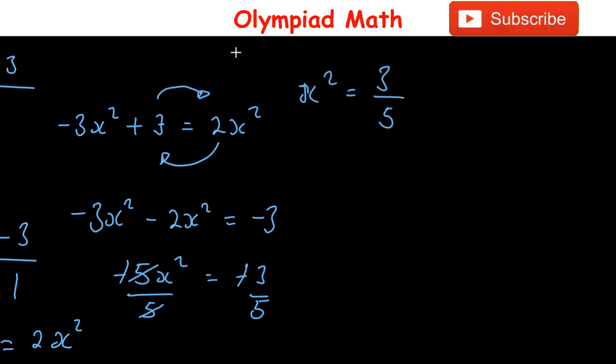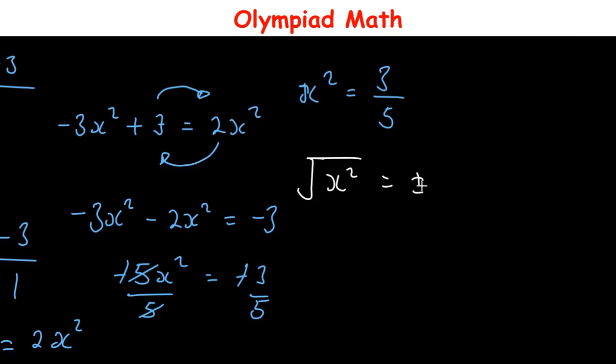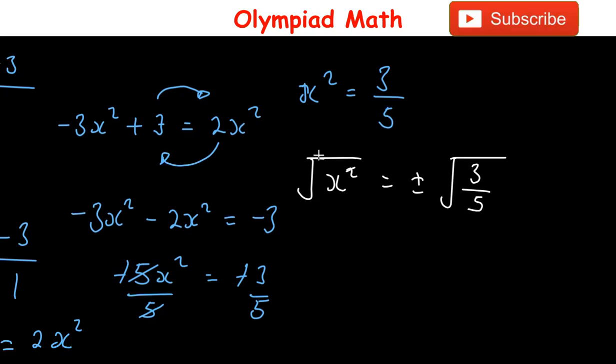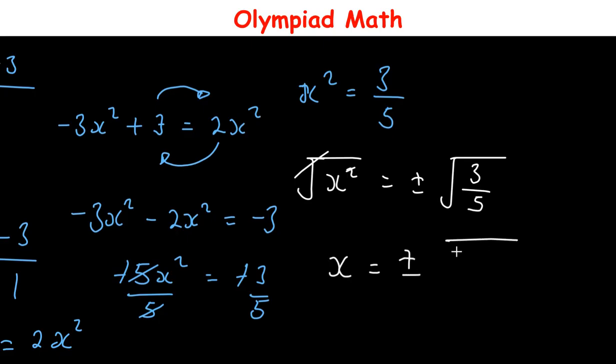Next, to solve for the value of x, we need to square root this equation. So square root of x squared equals plus or minus square root of 3 over 5. Square cancels square root. X is equal to plus or minus square root of 3 over 5.